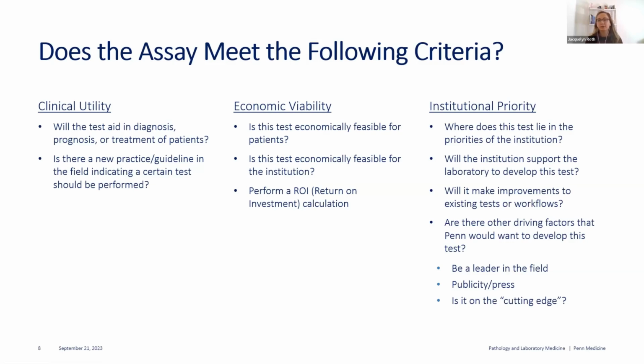Maybe your institution this year is focused on molecular diagnostics and infectious diseases, and therefore is not providing support or tools for immune receptor rearrangement sequencing this year, right? We've encountered things like that. So you have to have the support of the institution in order to make these happen.